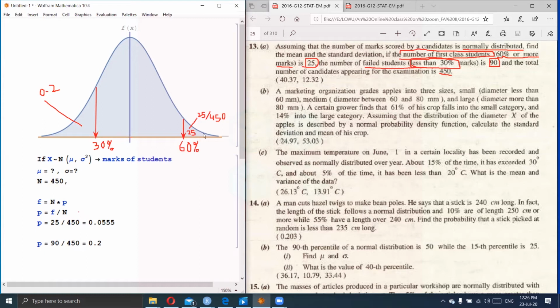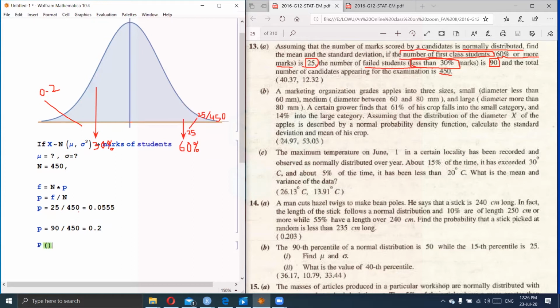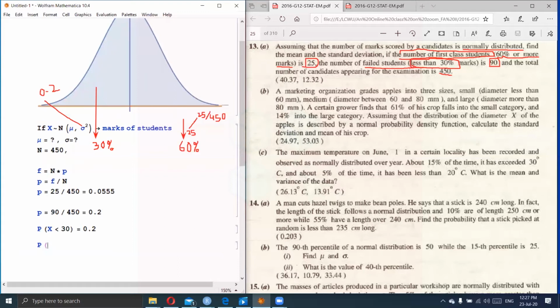So using two equations, we can find the values of the unknown parameters. The first equation can be written as probability x less than 30 is equal to 0.2 from the left tail, and from the right tail probability x greater than 60 is 0.0555.